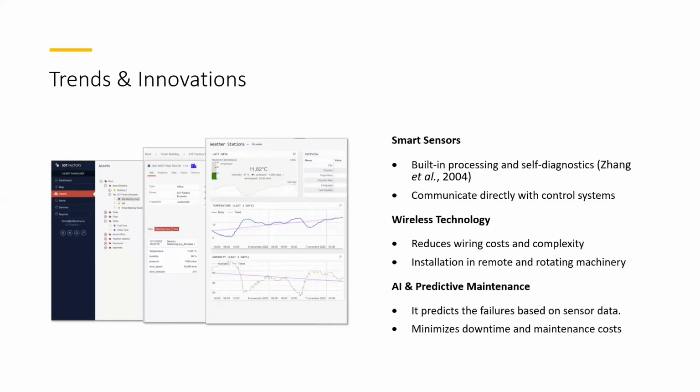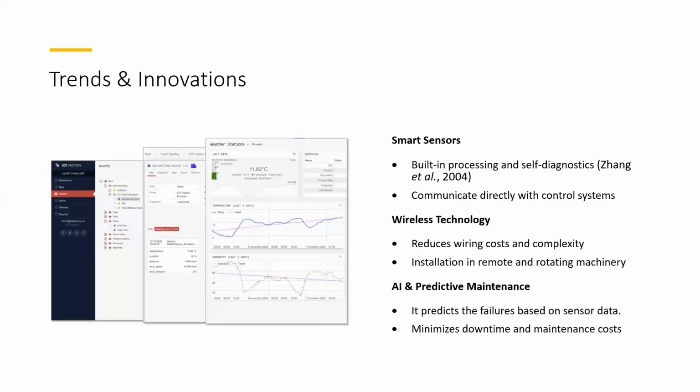Installations in remote and rotating equipment are also advantageous when it comes to wireless sensor application. We install some of them in rotating machines where normal standard wired sensors cannot fit in such places.